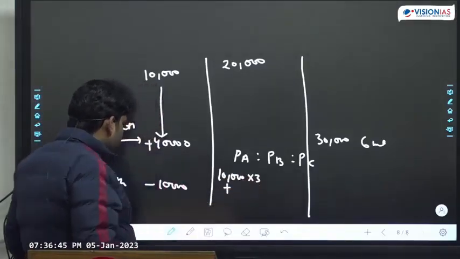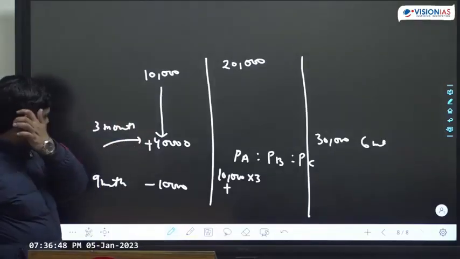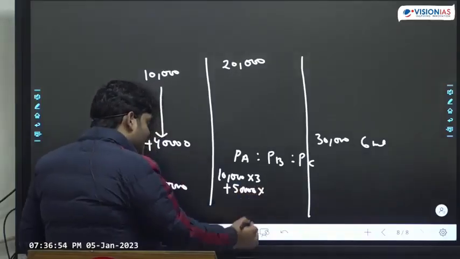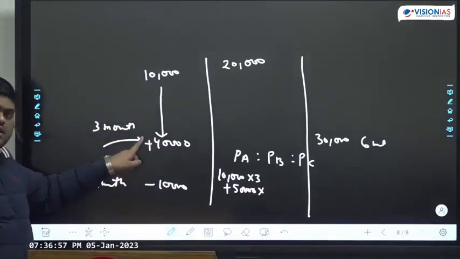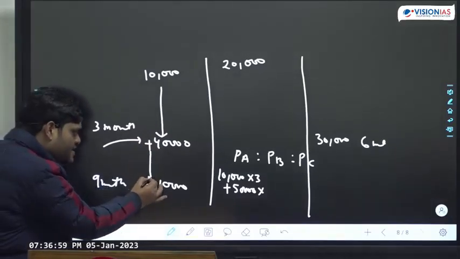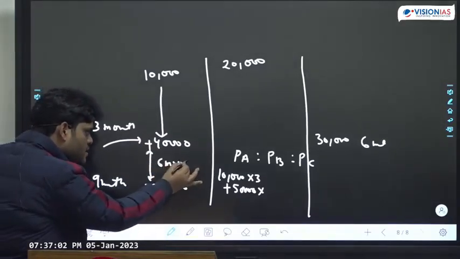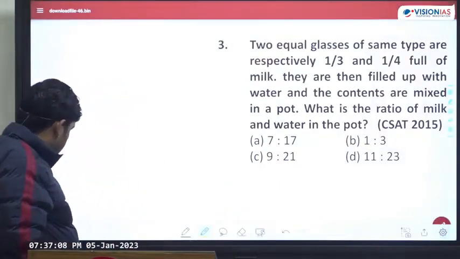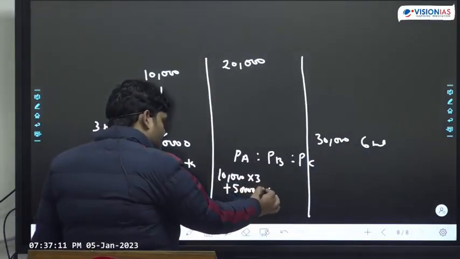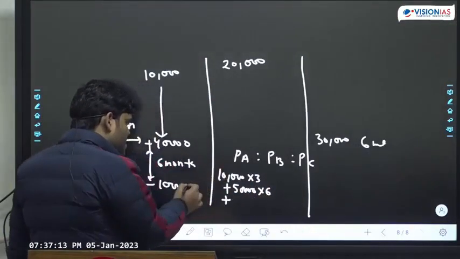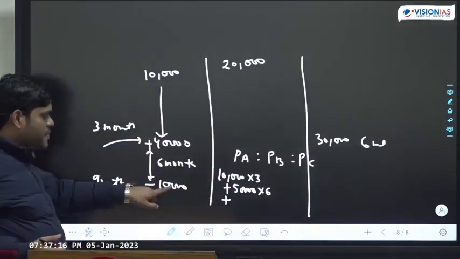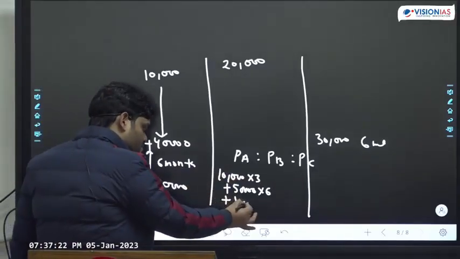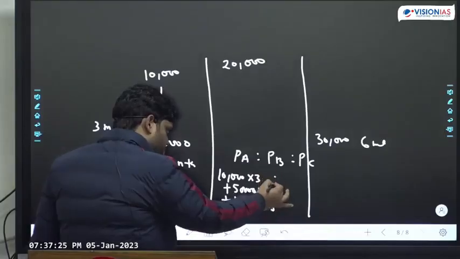Then after 3 months 40,000 is added, so it becomes 50,000, and that stays for the next 6 months, so 50,000 into 6. After 9 months, because 3 plus 6 is 9 months, 10,000 is taken out. That means 40,000 into 3.